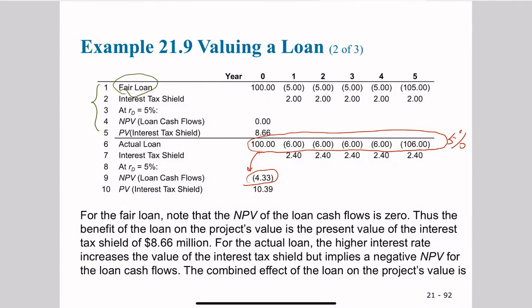So the NPV of this debt is essentially a negative number. And then we also have this interest tax shield, right? So what you will do is you will discount these interest tax shields.